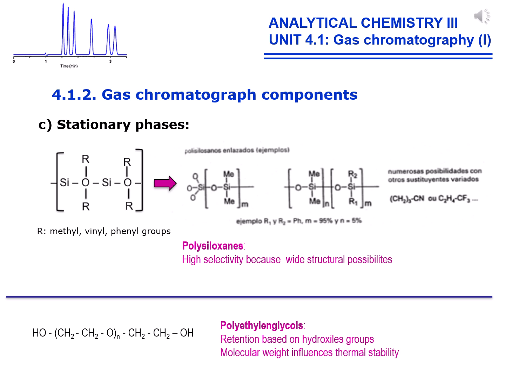Polyethylene glycols are prepared by polymerization of ethylene oxide, which gives rise to the structure in the slide. The fundamental factor that marks the retention characteristics of this type of stationary phases is the concentration of hydroxyl groups, and to a much lesser extent the average molecular weight of the phase. This latter factor, on the other hand, has a great influence on the thermal stability of the phase.